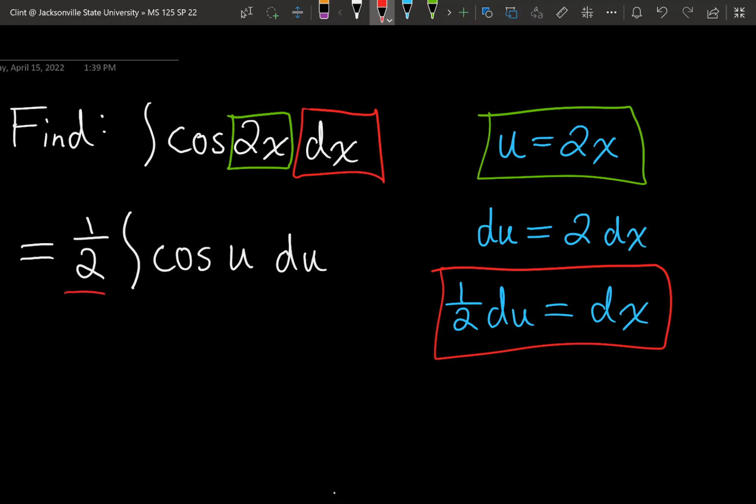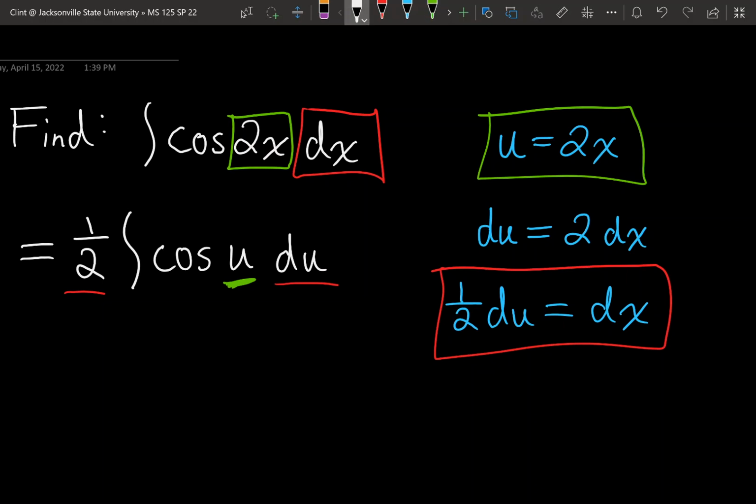So this part comes from the part I got in the red box, and then this part comes from the green box. So sometimes we do have a constant factor adjustment we need to make. That's not too bad. You just divide both sides by whatever the constant factor is, and then you can just put it out in front of the integral symbol because it's a constant. Not too much of a headache.